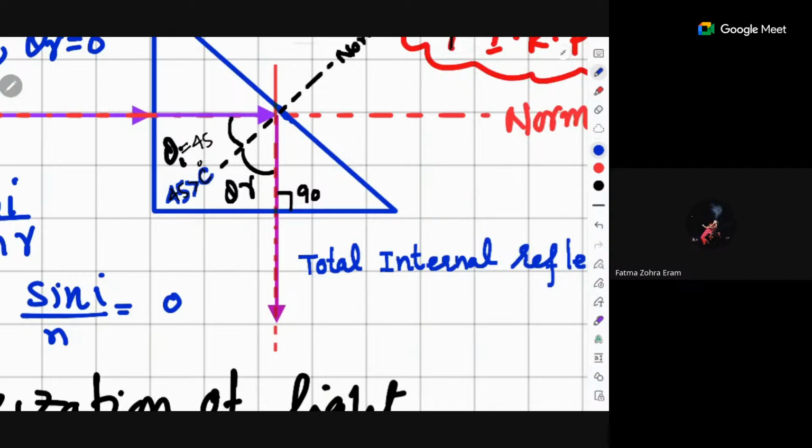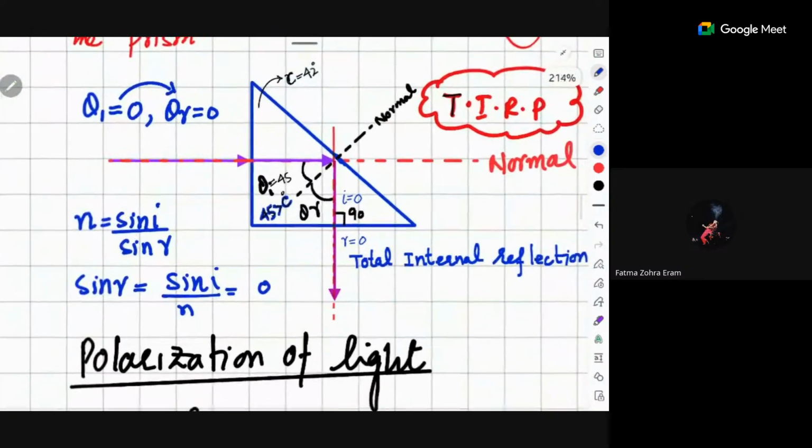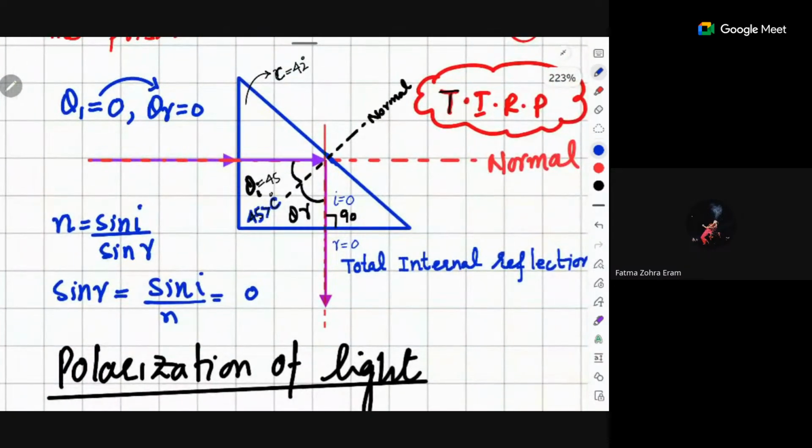Yes, zero. The angle of incidence is zero at this point. That is why the angle of refraction will again be zero. So the light will not refract, it will move straight. Is this clear to you? Yes, clear, sir. Any confusion?